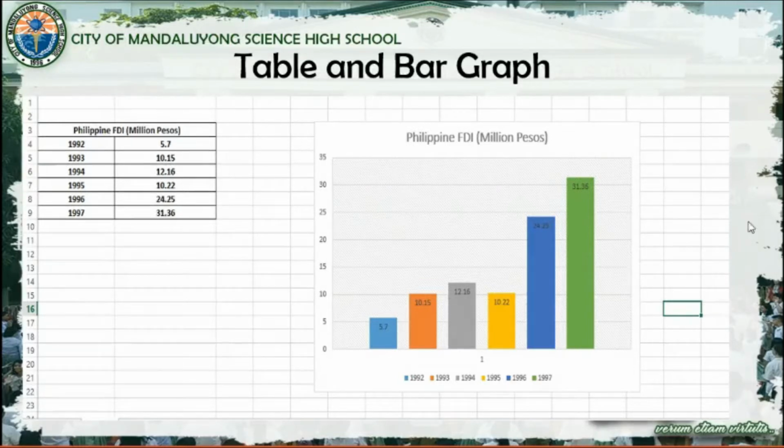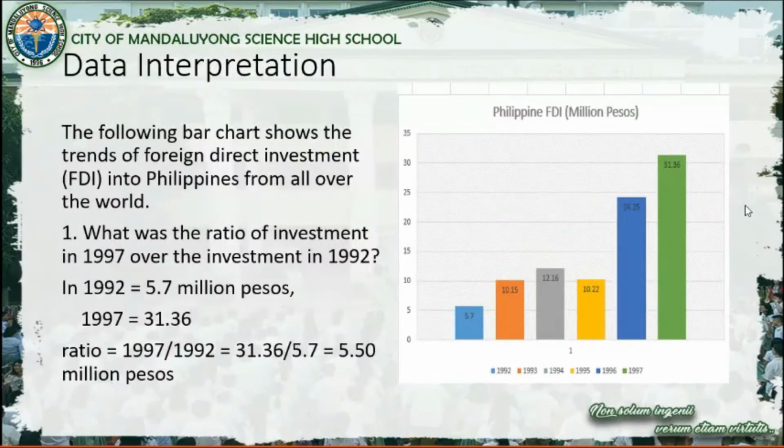And then we can now graph. On the y-axis, it represents the FDI from 0 to 35 in million pesos. And then on the x-axis, we can represent the year from 1992 to 1997.